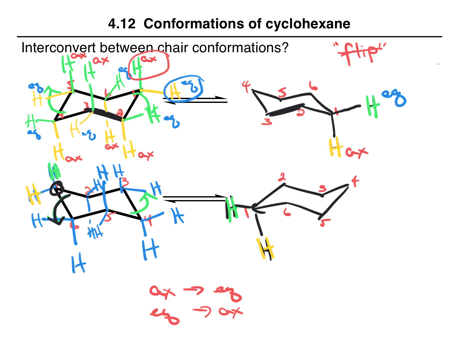I highly recommend that, first of all, when you are starting with your flat structure, go ahead and number those carbons, and then number these carbons corresponding to these carbons, and then double check as well.